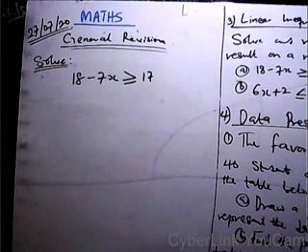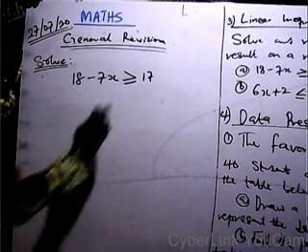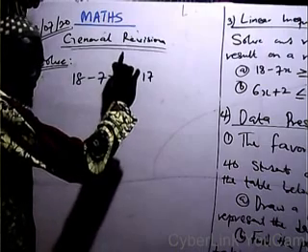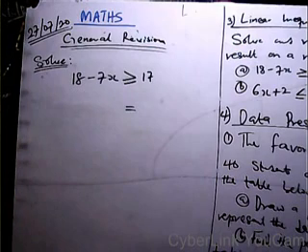Okay. If that is the case, how can we solve inequality? I told you it's more or less an equation. You just have to assume this sign is like equal to. You don't change it to equal to, but you assume as if you are looking at equal to there. Then you operate.